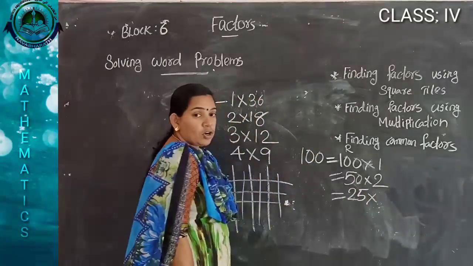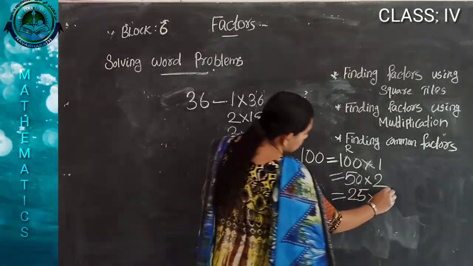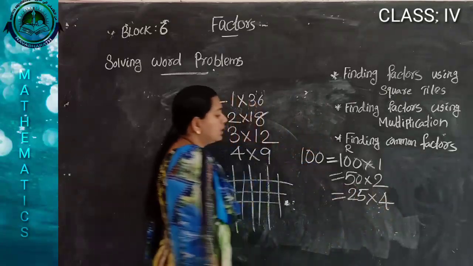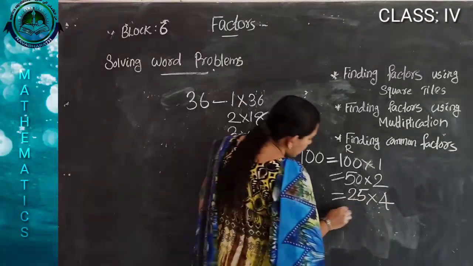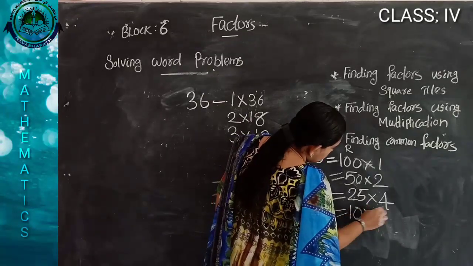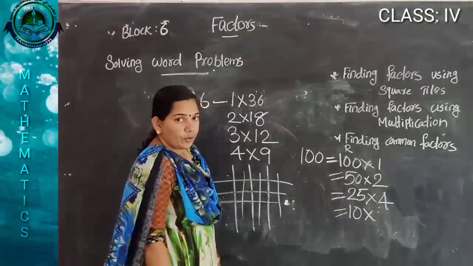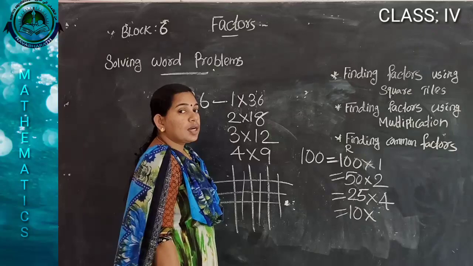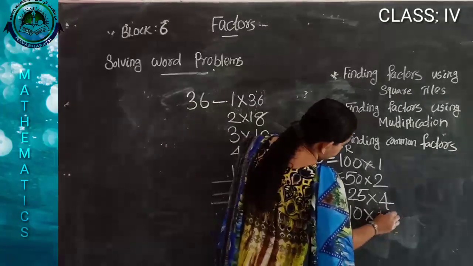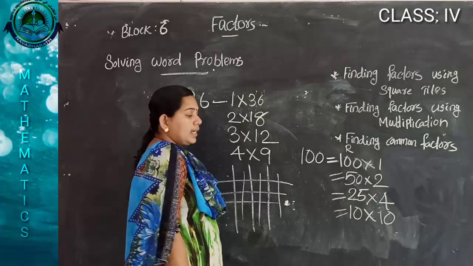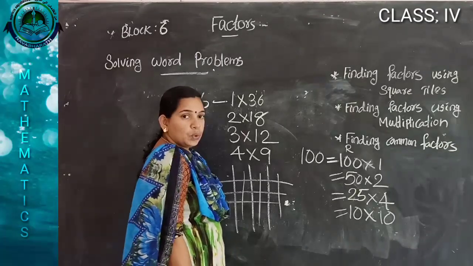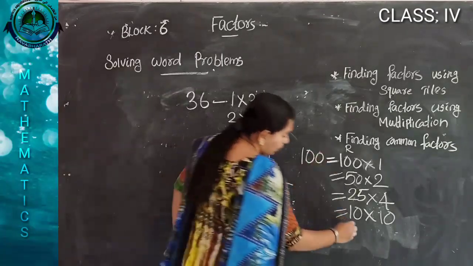Then how many columns are there? 4 columns. Suppose they arrange 10 cars in a row.